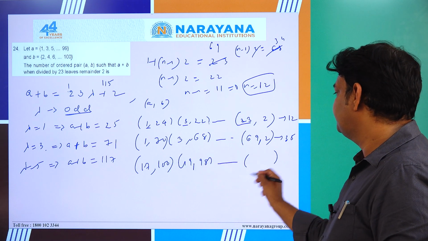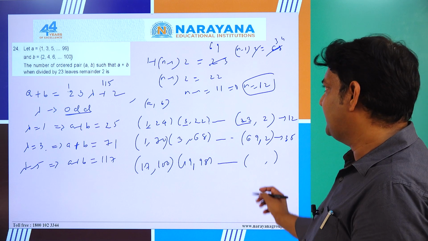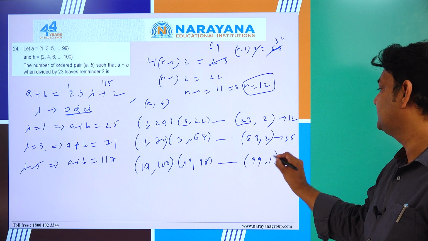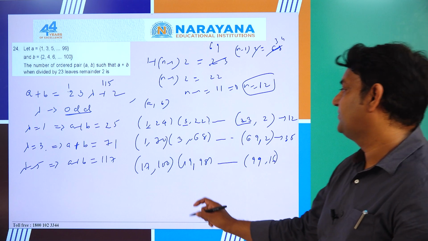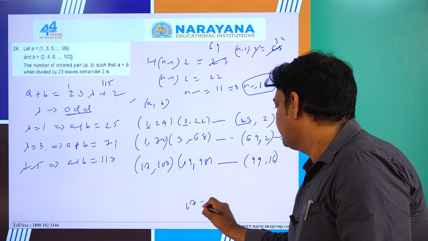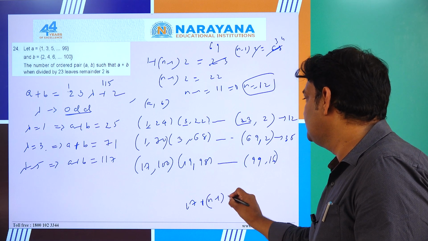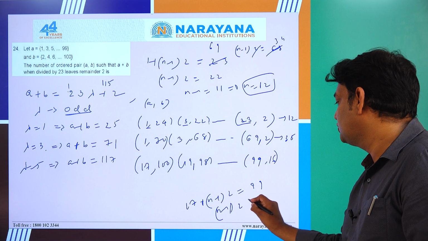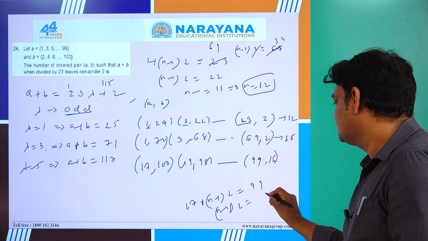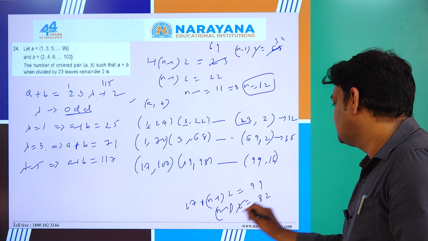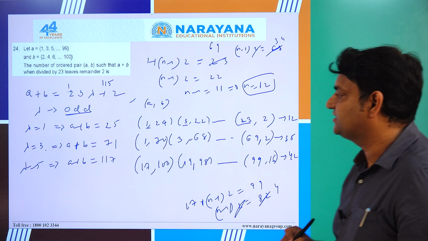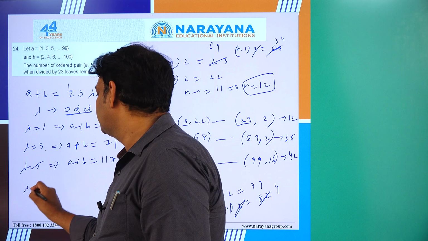And at last the maximum value of A is 99, then B should be 16. So A plus n minus 1 into D is 99. So 42 possibilities came.